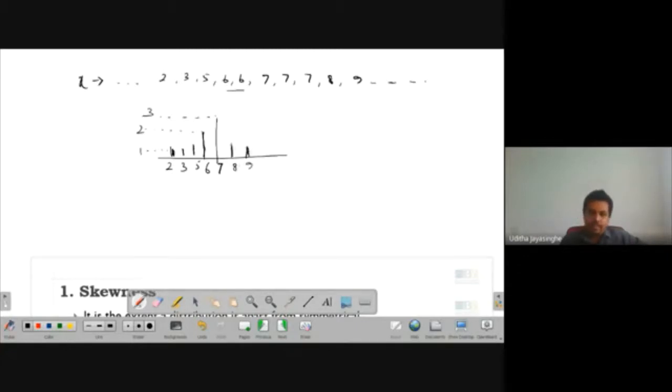So once I do a simple bar chart like this, and if I try to join these bars using a best fitting curve, yes, correct, this is sort of like a bell-shaped curve.